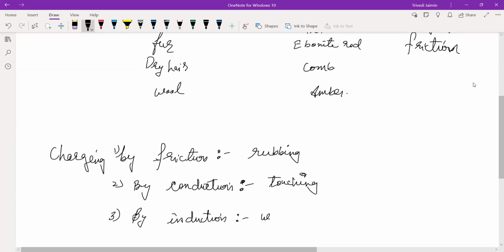Let's write without touching. We just brought it nearby, so it got induced. In the others we are touching it, we are rubbing it. So this is charging by all these three ways.